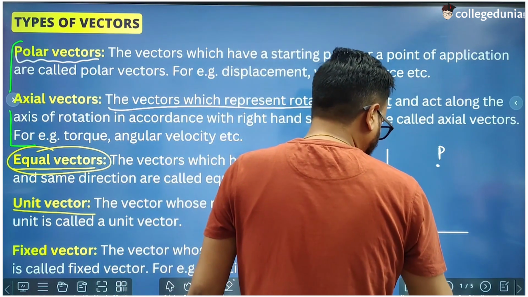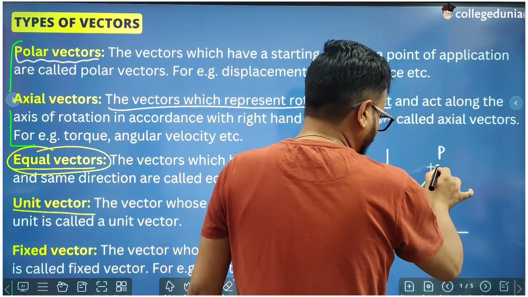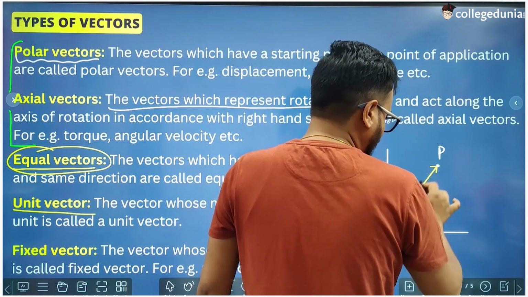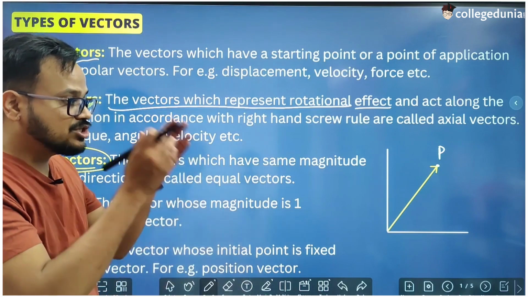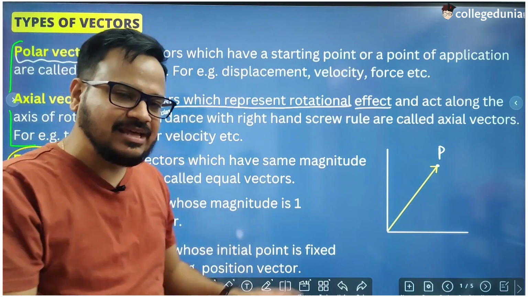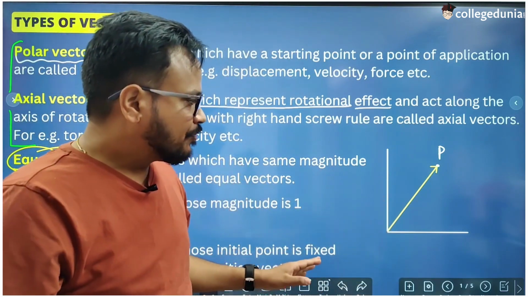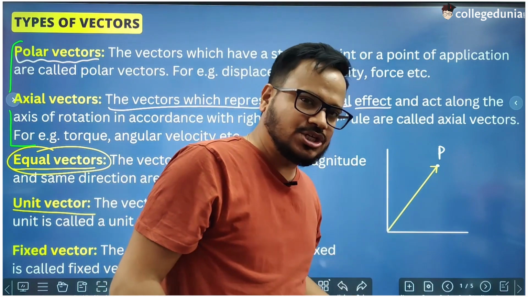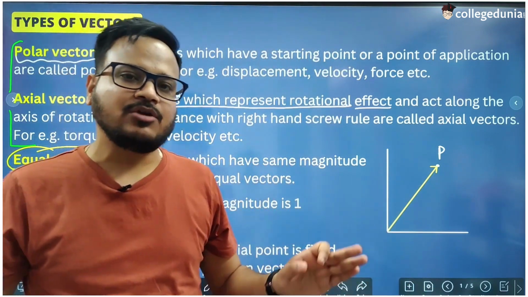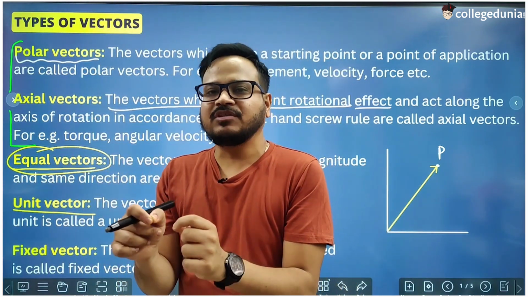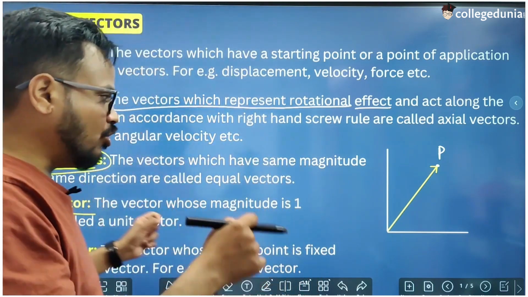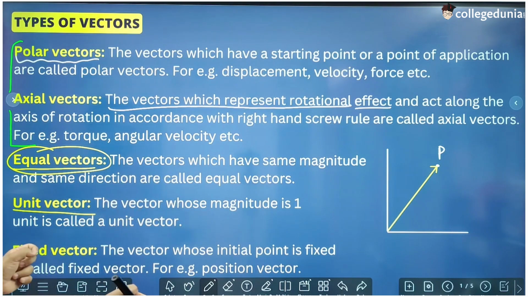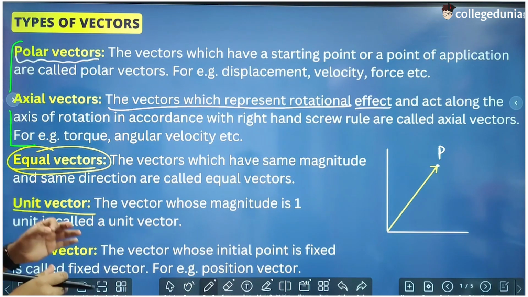Position vector is simply a vector drawn from origin to this point. So this yellow line is the position vector of P. So to make position vector of any point, the tail is kept at the origin. So to take the position vector of any point, we say that the initial point of the vector is fixed and that point is the origin, right? So such type of vectors whose initial point is fixed, that is called fixed vector.